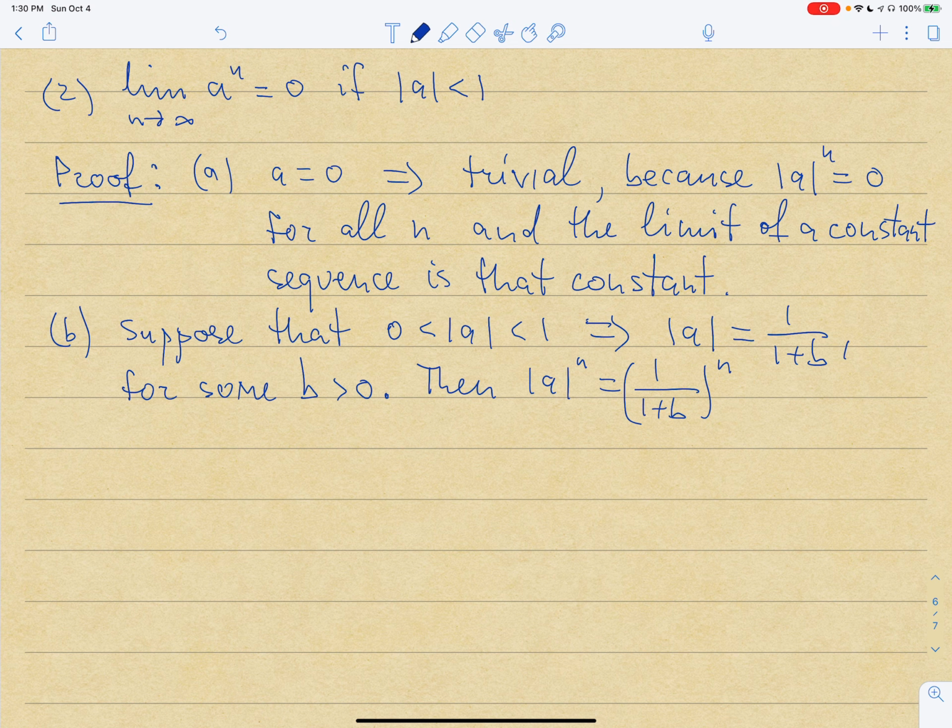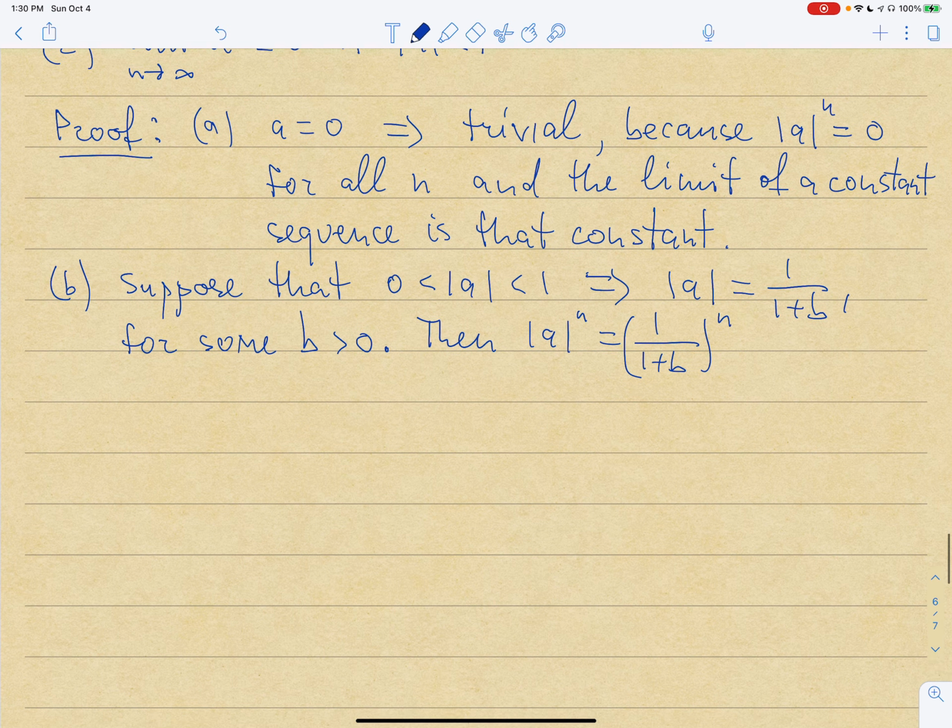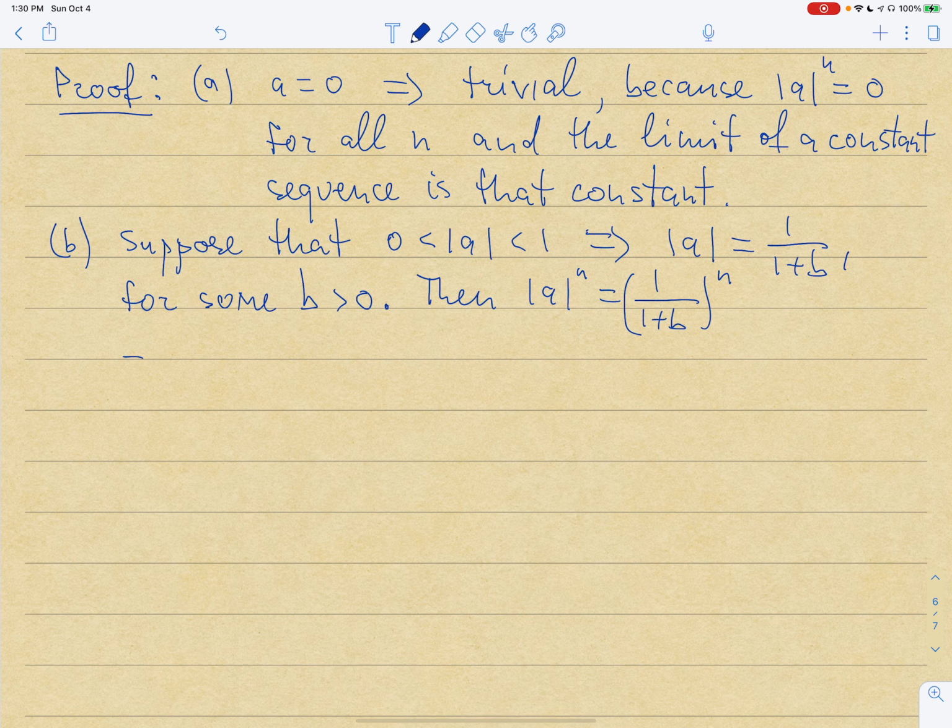And in that case, this can be, of course, simplified to 1 over 1 plus b to the power n. And let's say that now I want to show the following inequality. And I'm going to do it separately from this proof.